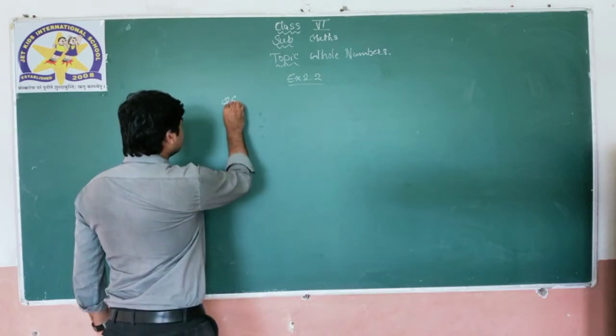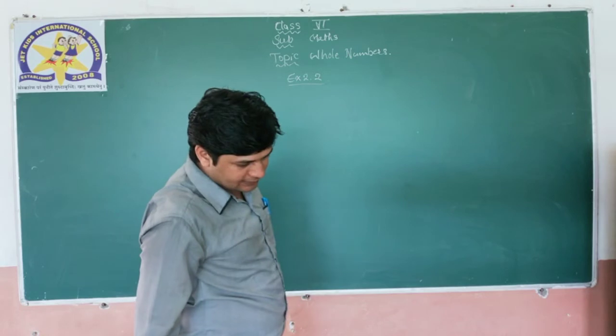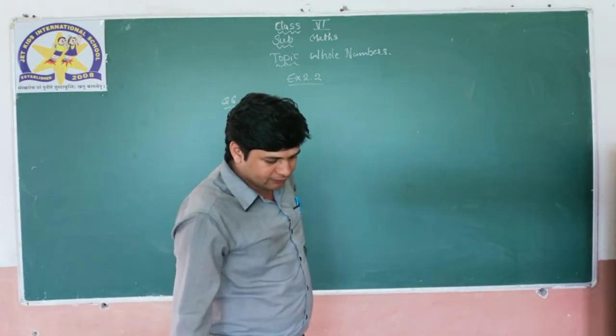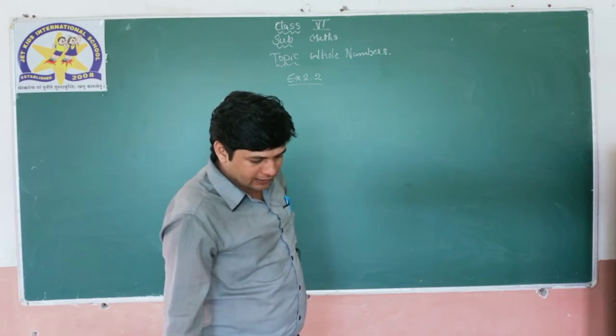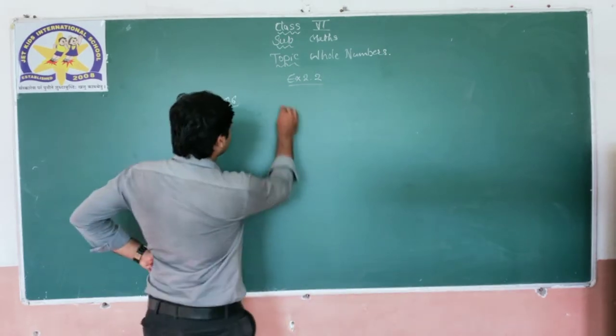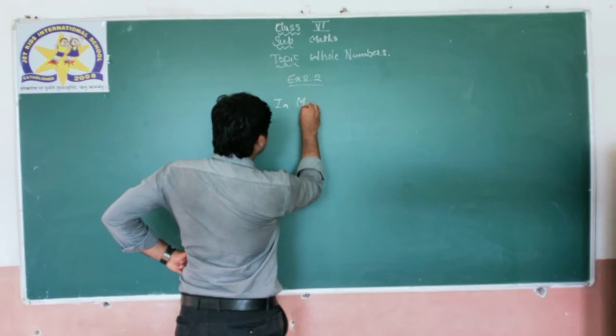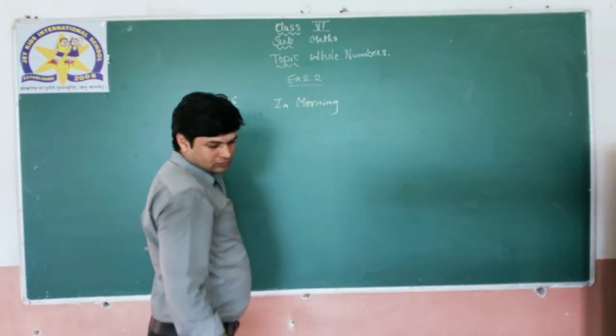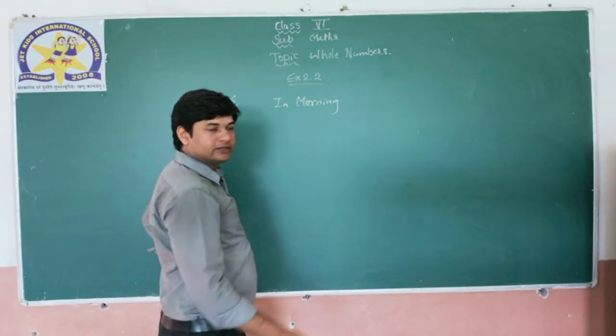Question number 6 is about a vendor who supplies milk to a hotel. In the morning, how much? 32 liters.